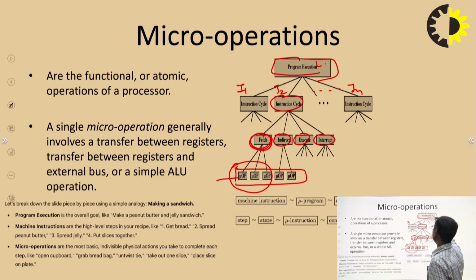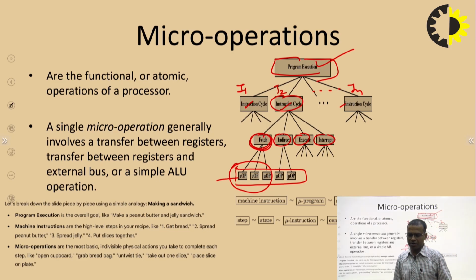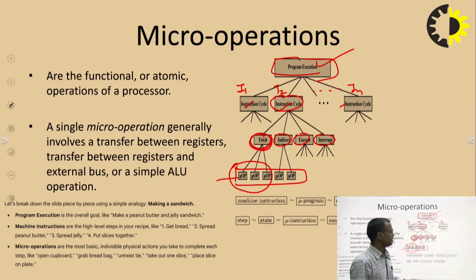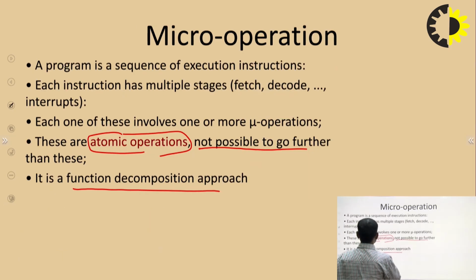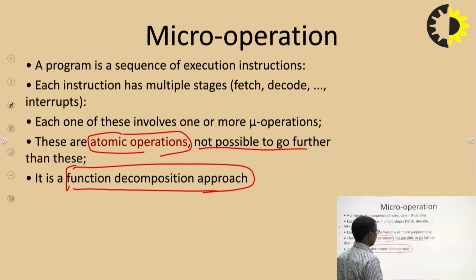A given program is broken into a small number of instructions. A given program is a function of some instructions, and a particular instruction is broken into small functions: fetch, indirect, execute, and interrupt, and finally fetch is broken into small functions, micro operations 1, 2, and 3. This functional approach of decomposition is required to implement a given computer organization.